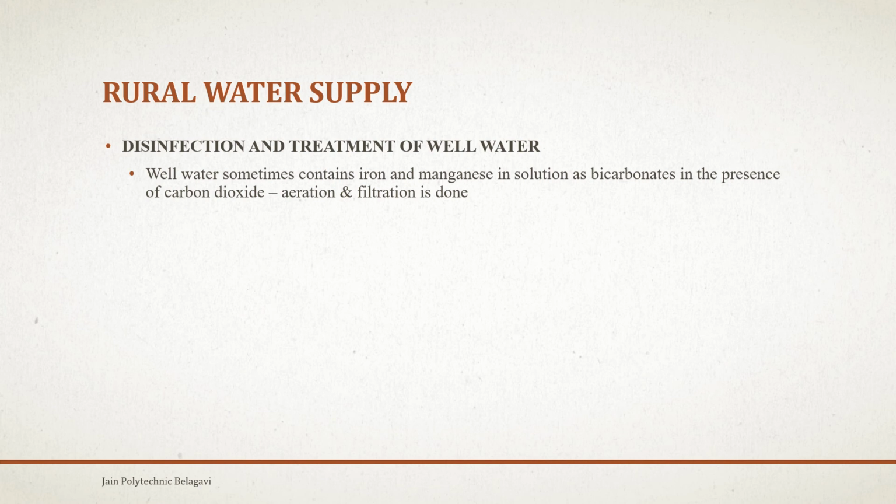So the water taken from dug wells or tube wells might contain some iron and manganese. Also, as I said in the last slide, if you find limestone below the ground, the bicarbonates of lime create hardness in the water in the presence of carbon dioxide, which leads to hard water.